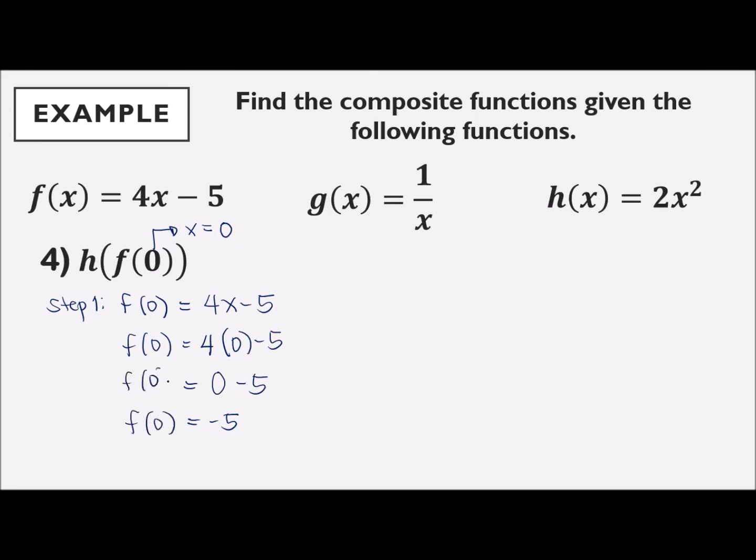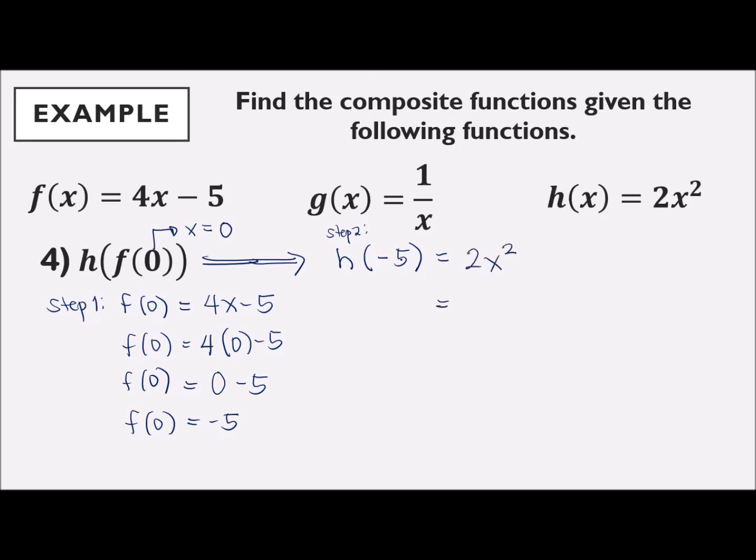Okay? And we're not yet done. So, coming from here, magiging h of negative 5 na siya. Kasi yung nasa loob na f of 0 ay equal na kay negative 5. So, this is our step 2. So, ang h natin ay 2x squared.